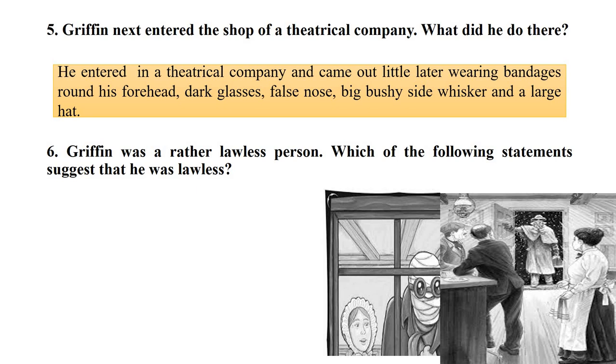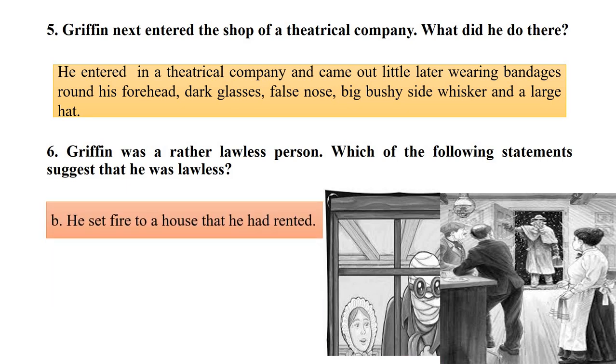The sixth question is, Griffin was a rather lawless person. Which of the following statements suggests that he was lawless? The answer is he set fire to a house that he had rented.